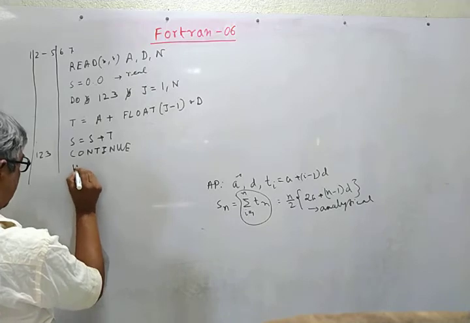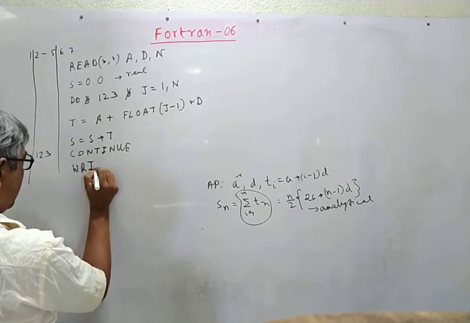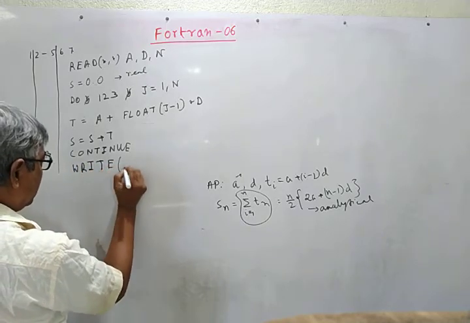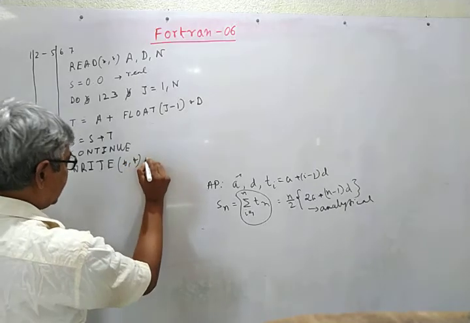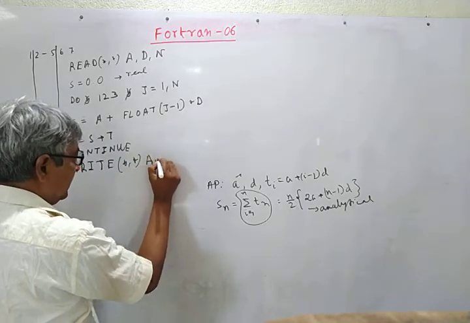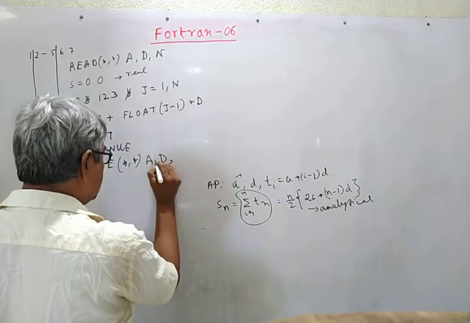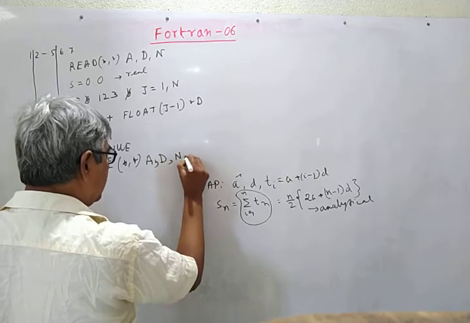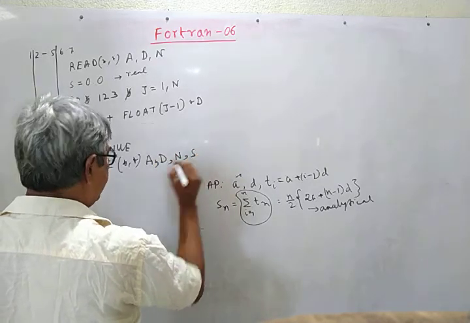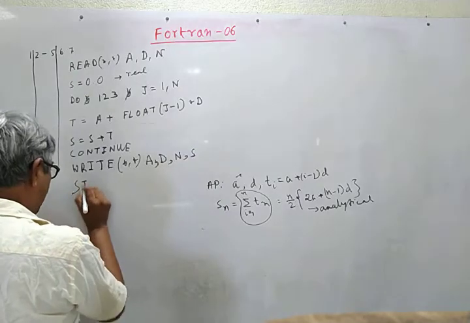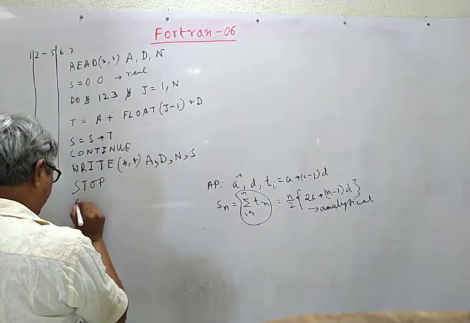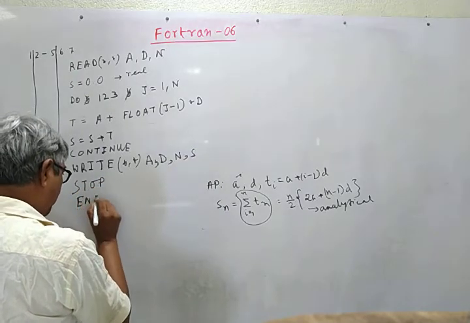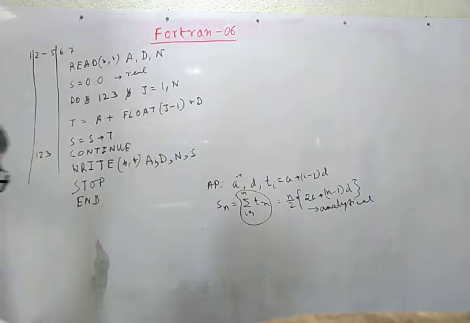Then we write the relevant quantities, that is a, d, n, and sum, and then you stop it. Note that I am not going for any augmentation of the output. You do the augmentation as per your desire.